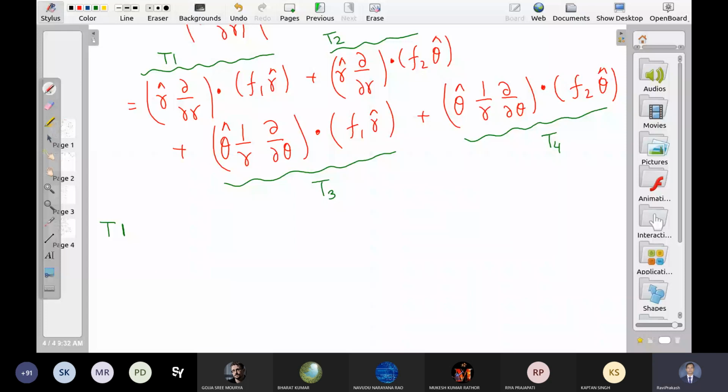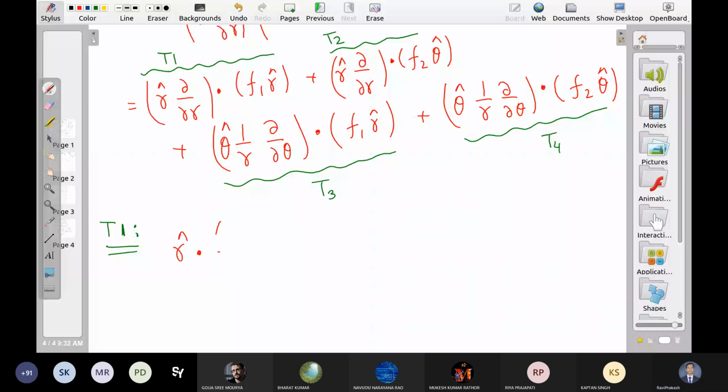R cap is on this side. Dot. Now I am going to operate. This is in multiplication, right? I am going to operate this part on this function.